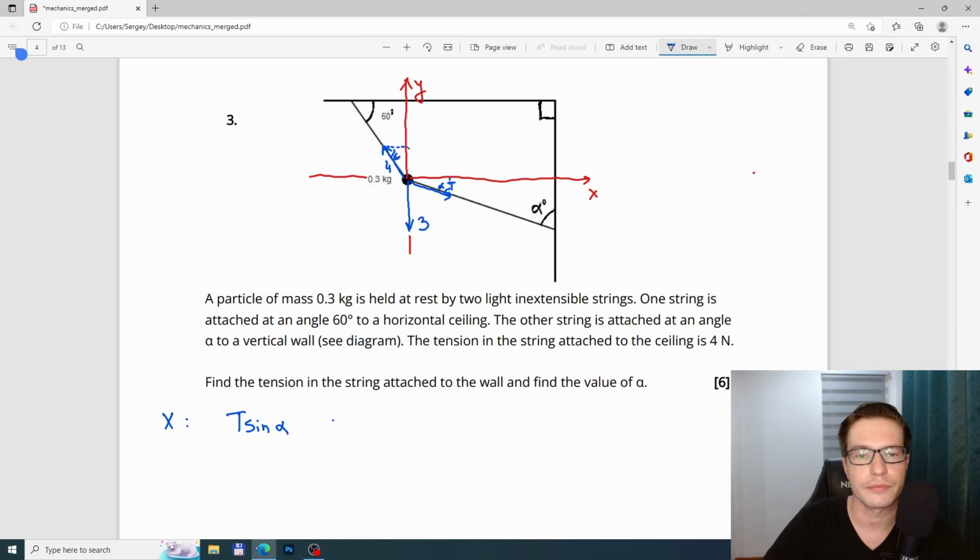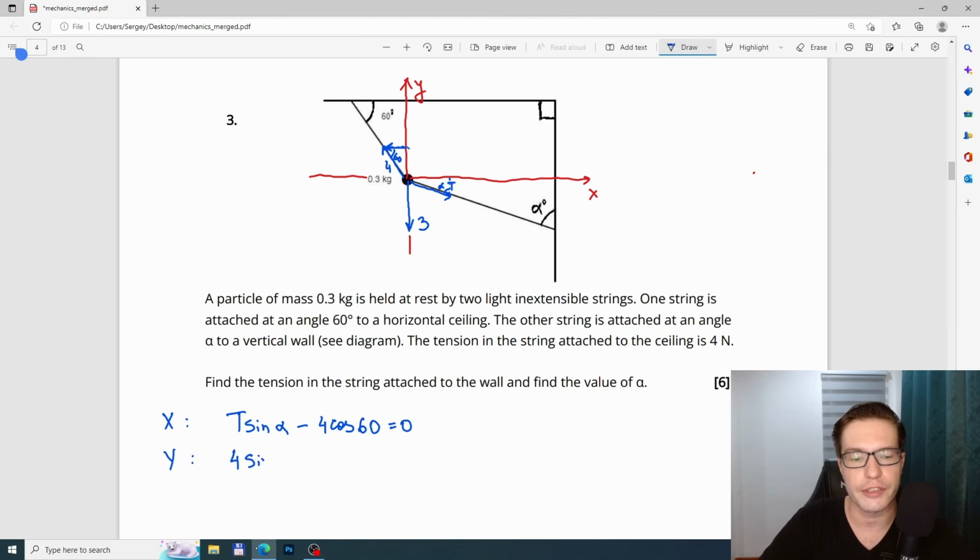And the x component is adjacent to the angle of 60. So it's minus 4 cosine 60. That equals 0.